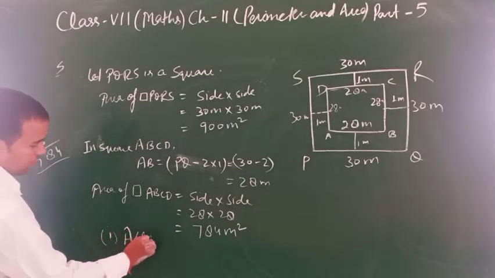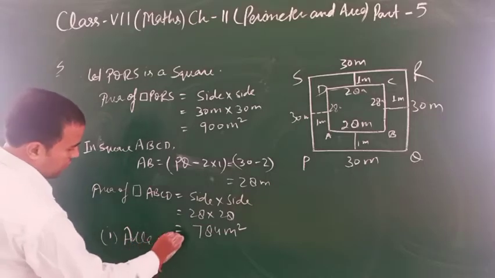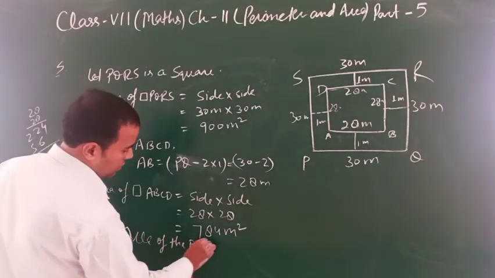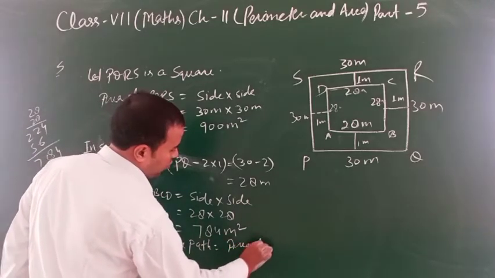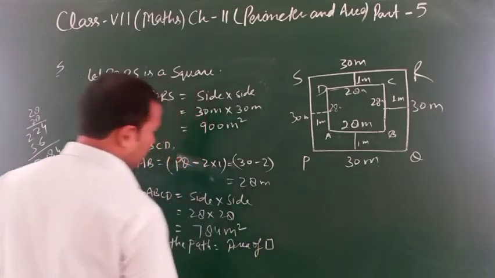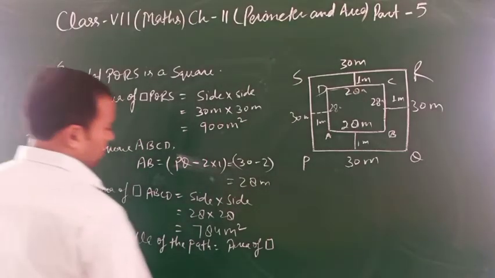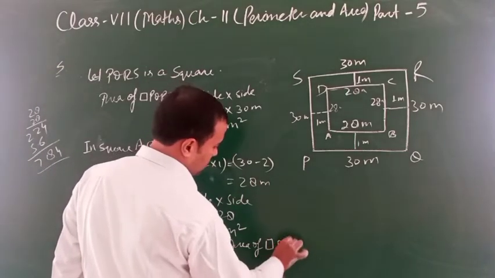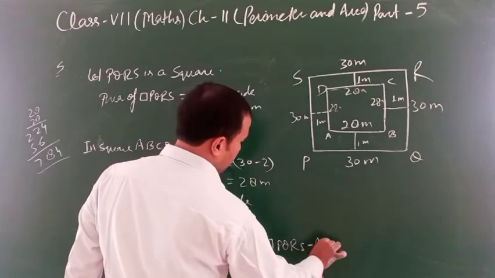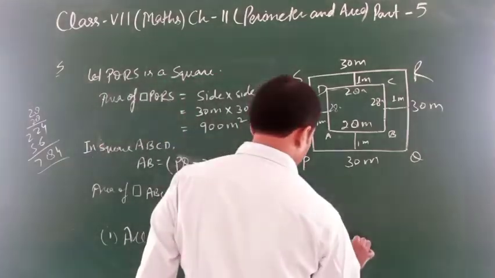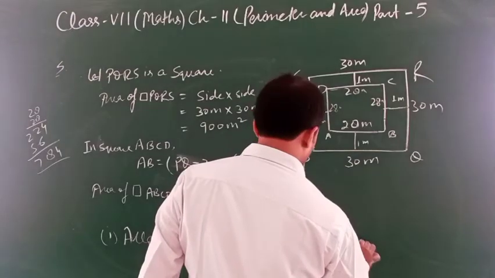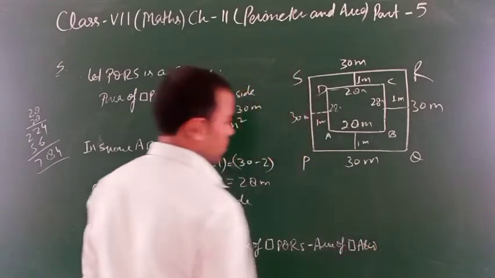Then it is asking first for the area of the path. Area of the path equal to area of square PQRS minus area of square ABCD. Clear?